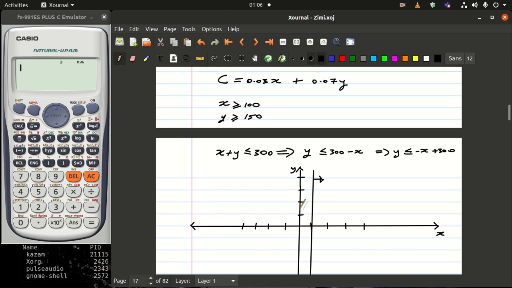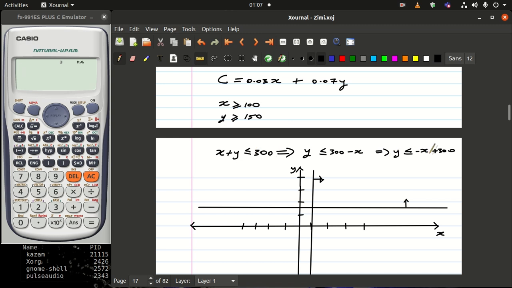This is 100, so 150 is somewhere there. So I'm going to draw something here. Of course, this is not 100% correct. So our Y is this side, because it's above 150.